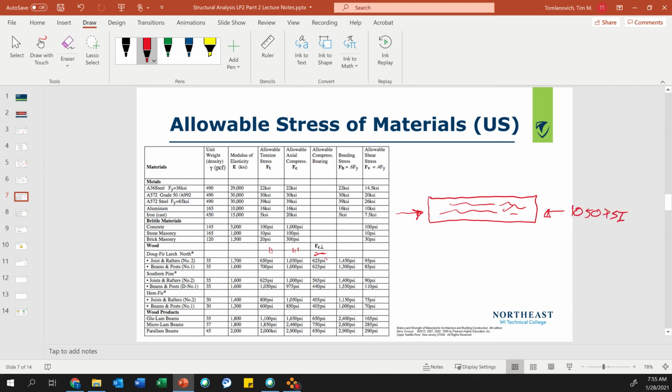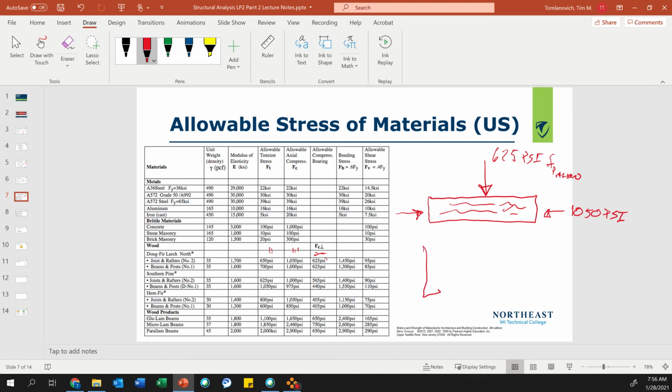However, my floor load is perpendicular to the grain, so now it's 625 psi. That is my F bearing, P allow.